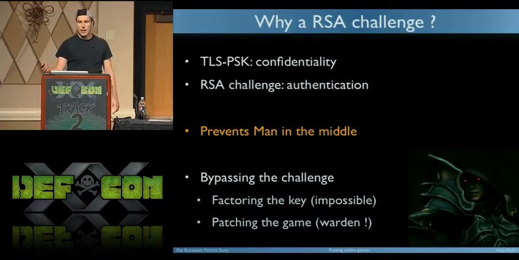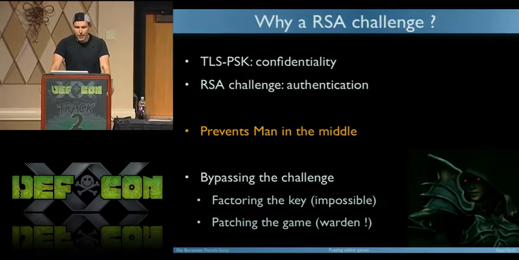The client expects a message which is signed with the private key of Blizzard, and if it's not valid, then the game will refuse to launch. It's actually located in the password DLL. So basically we don't know Blizzard's private key, and the game expects you to have this challenge signed by it, otherwise it will refuse to launch. So it's a way for them to do authentication, and it's perfectly meant to prevent exactly what we want to do, which is man-in-the-middle attacks.